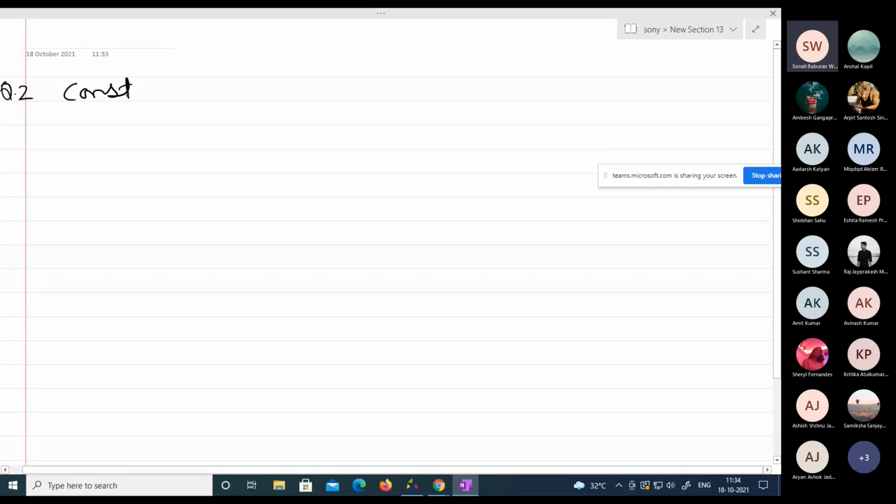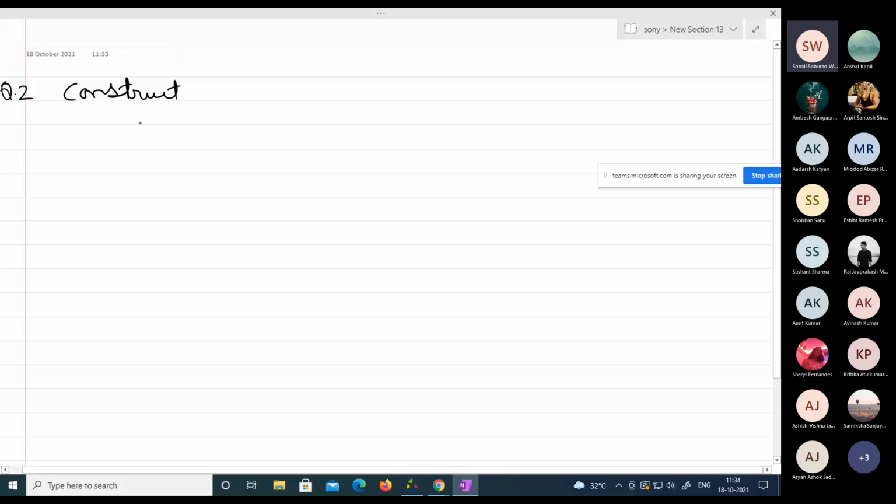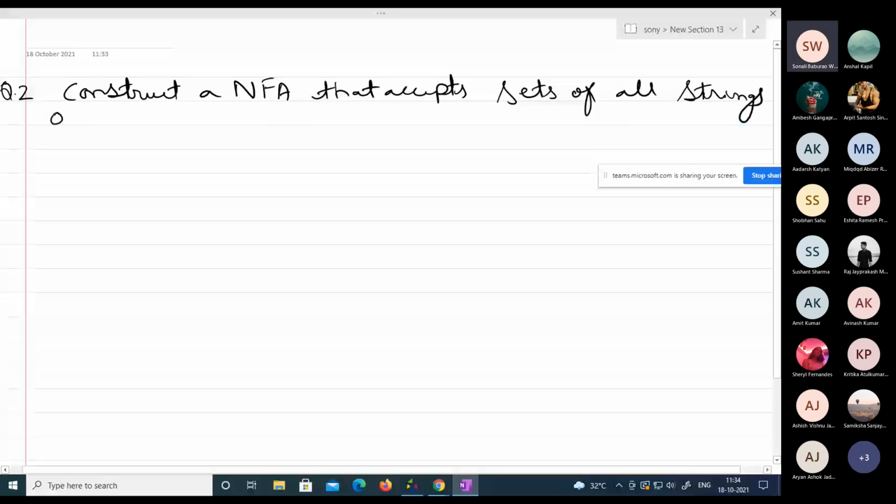Your second question is: construct an NFA that accepts the set of all strings over 0, 1 of length 2.